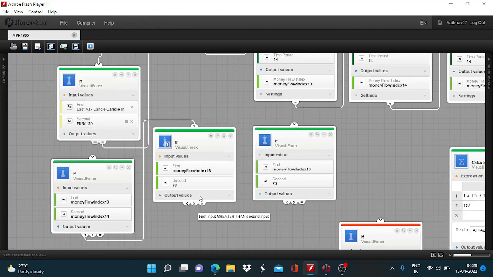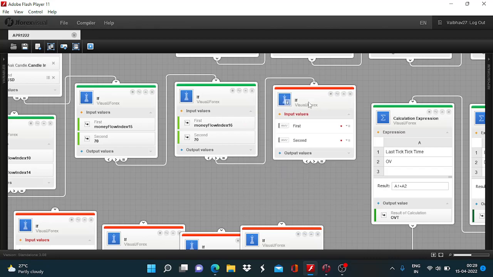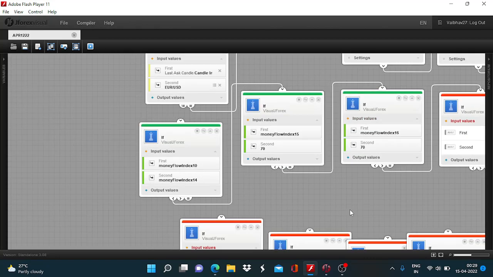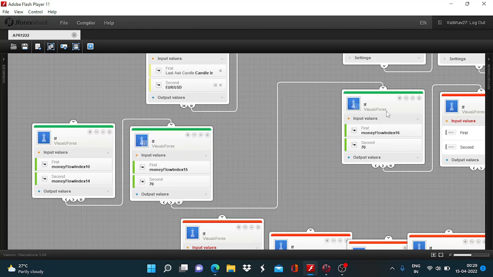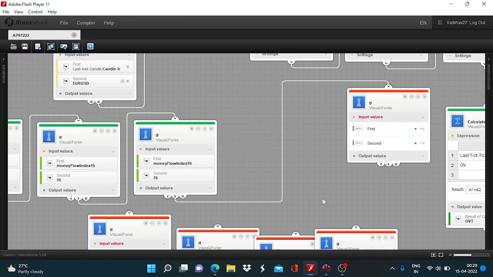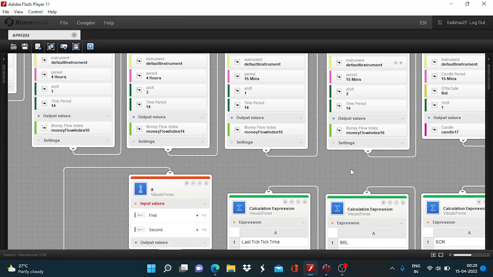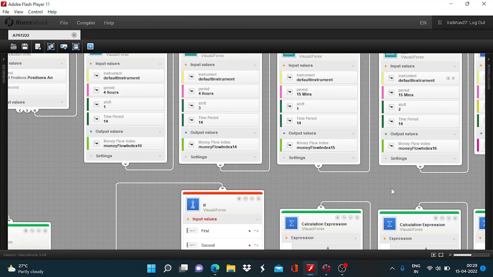First input greater than second input. Again, first input greater than second input. And then it should start to show a decline.